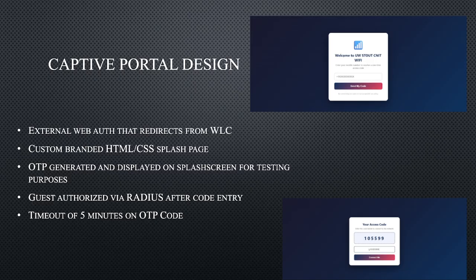I added my own color, I added my own Stout branding to give it its own uniqueness. And then, as I said before, the one-time passcode is generated and displayed on the splash screen just for testing purposes, because of that Stout limitation, I couldn't make Twilio work.